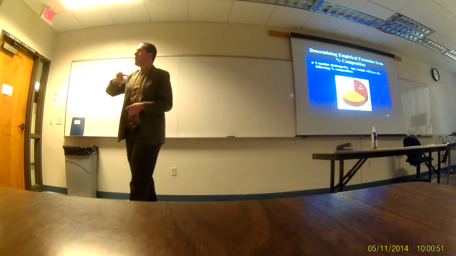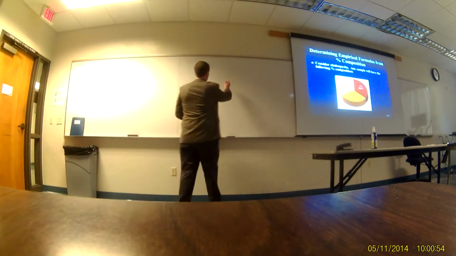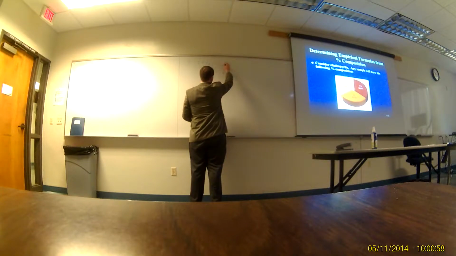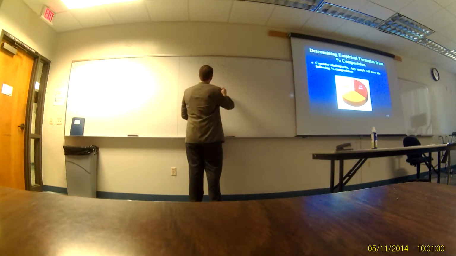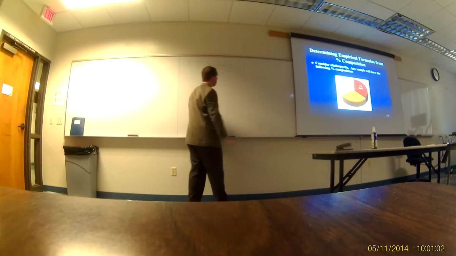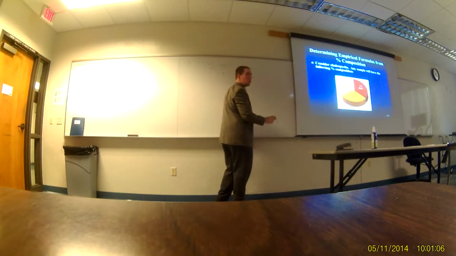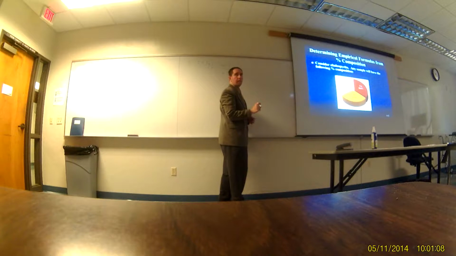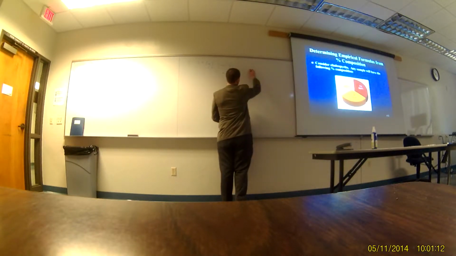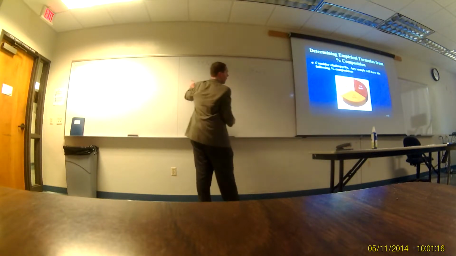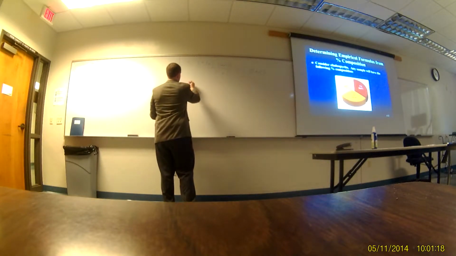Sulfur is 32. 32 grams of sulfur equals 1 mole of sulfur. When you do that, what do you get? 34.9 divided by 32 is 1.09 moles of sulfur.